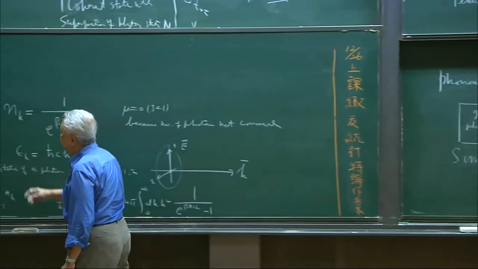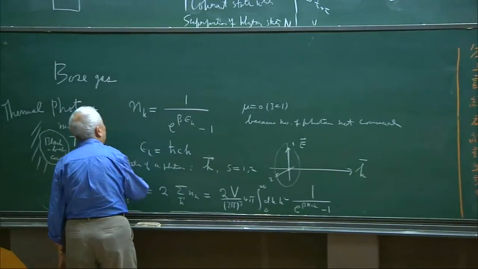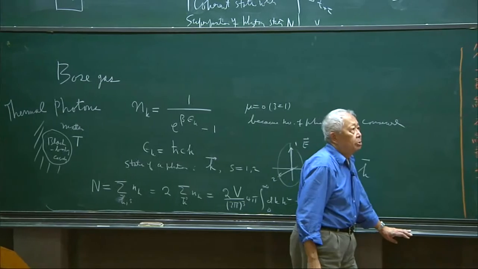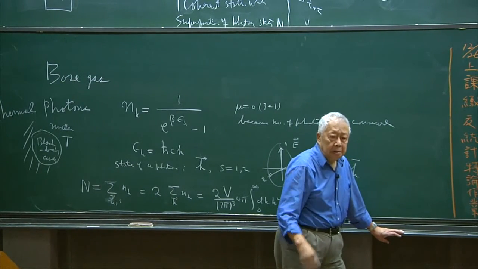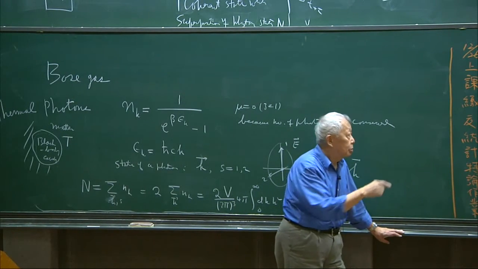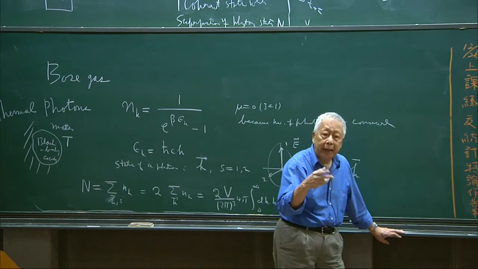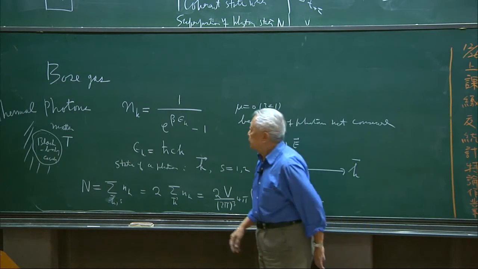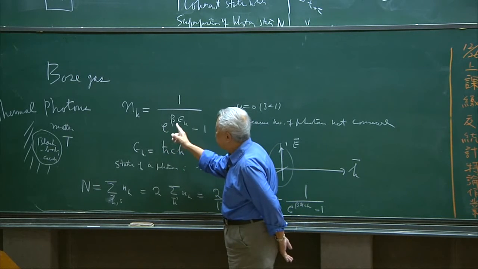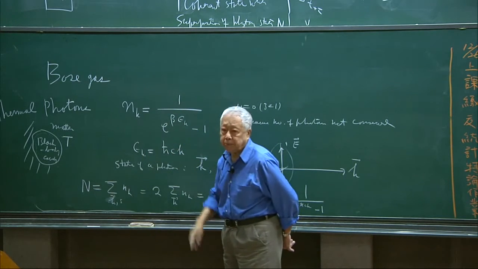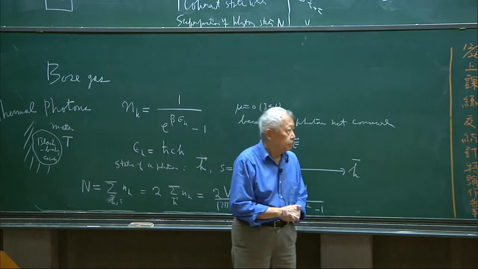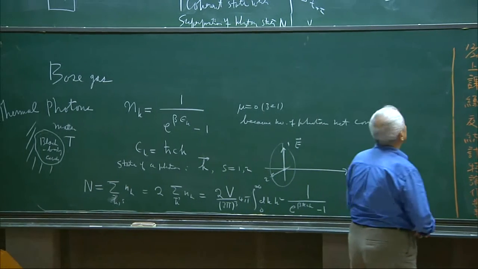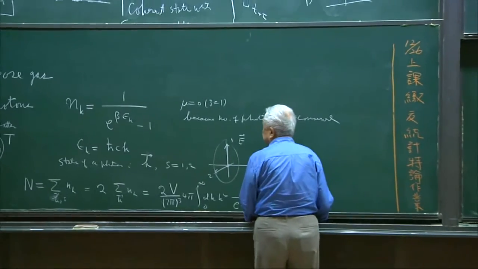So in both cases, in the case of photons and phonons, the number of these objects are not conserved because the photons are emitted one by one, so are the phonons. They're emitted by the lattice one by one. So it is not conserved, and in that case, the chemical potential is set equal to 0, and you just have this. Now for particles, there is conservation. You have to take that into account. So that's what we're coming to.